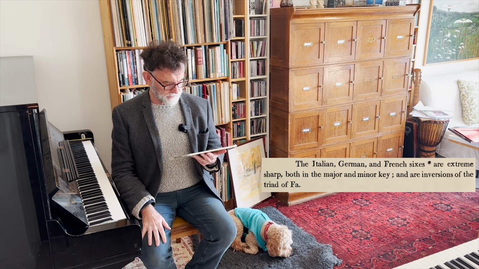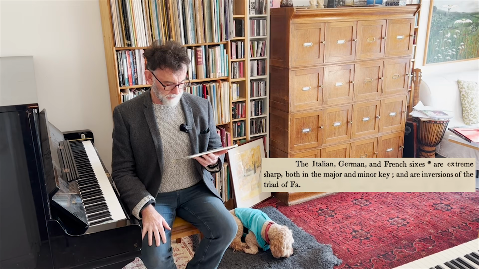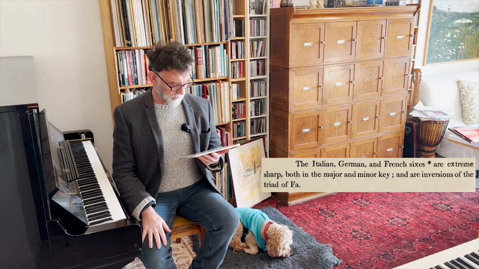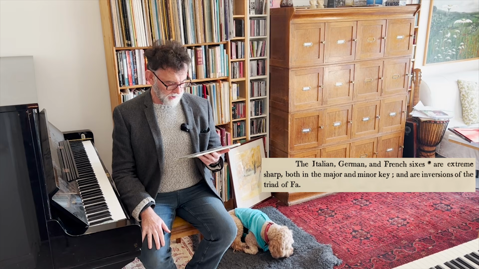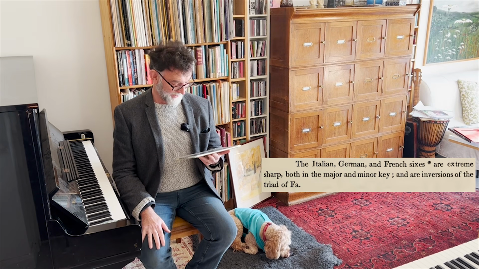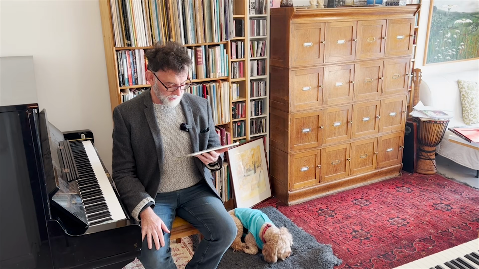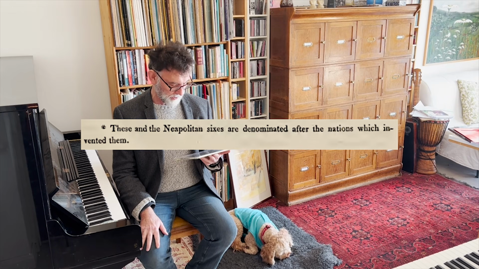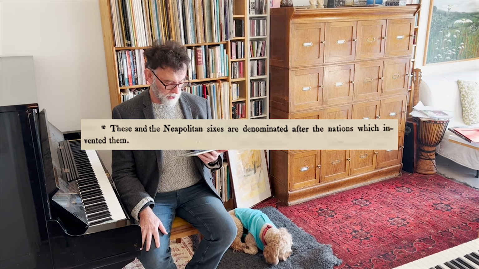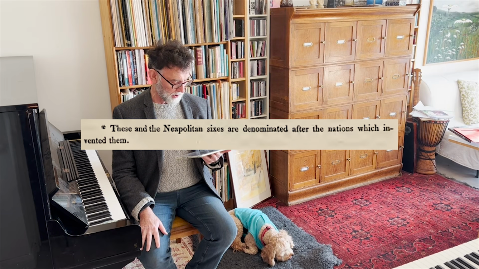It says, the Italian, German, and French sixths are extreme sharp, both in the major and minor key, and are inversions of the triad of fa. And there's an asterisk to clarify that point, where he says these and the Neapolitan sixths are denominated after the nations which invented them.